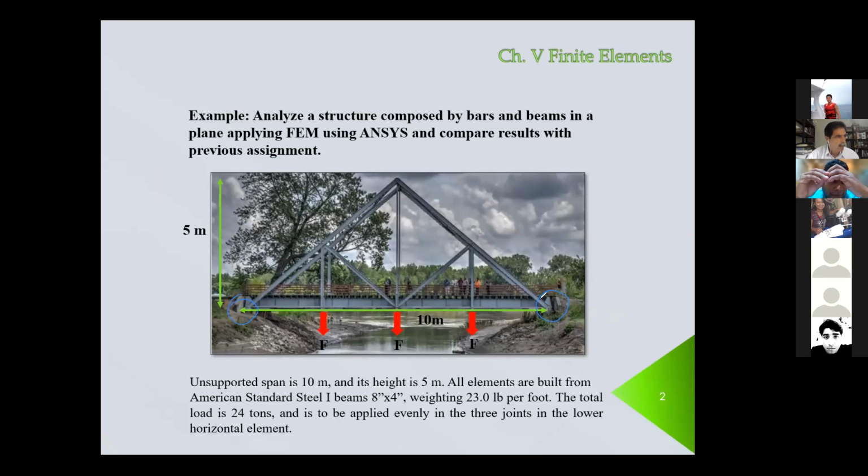So for that reason, I will use simple support, and at the top is the connection of this beam.